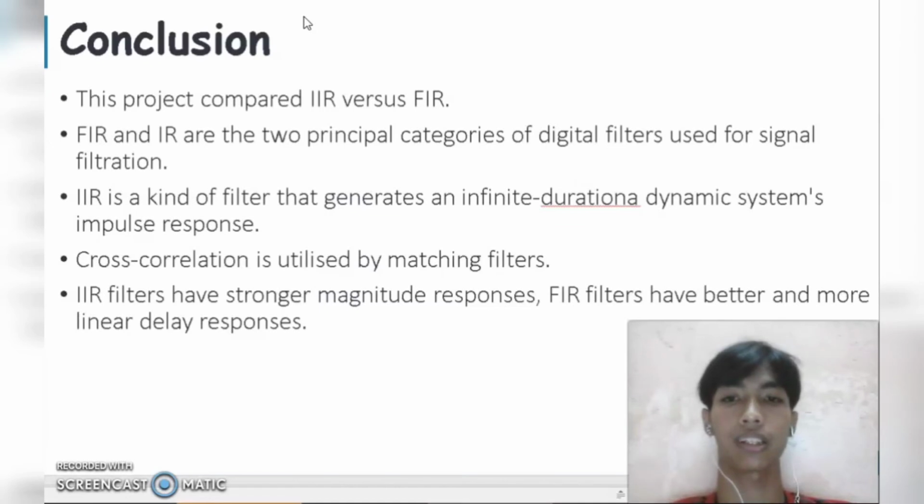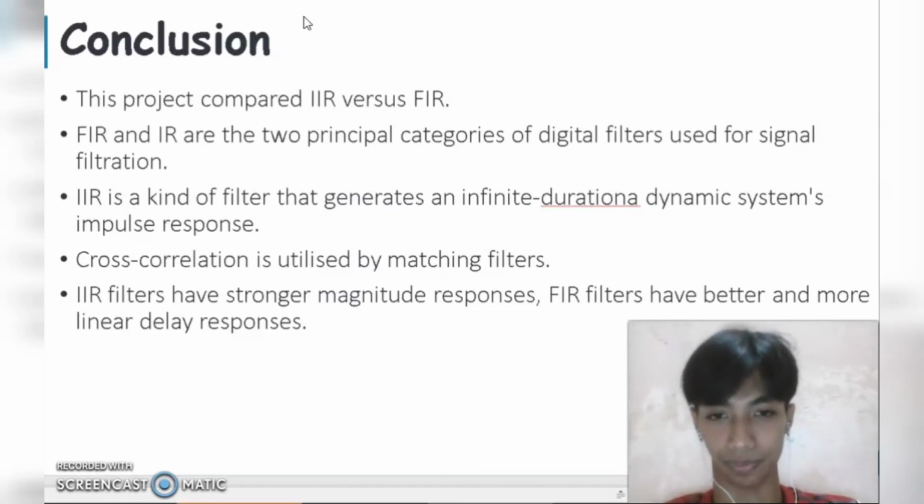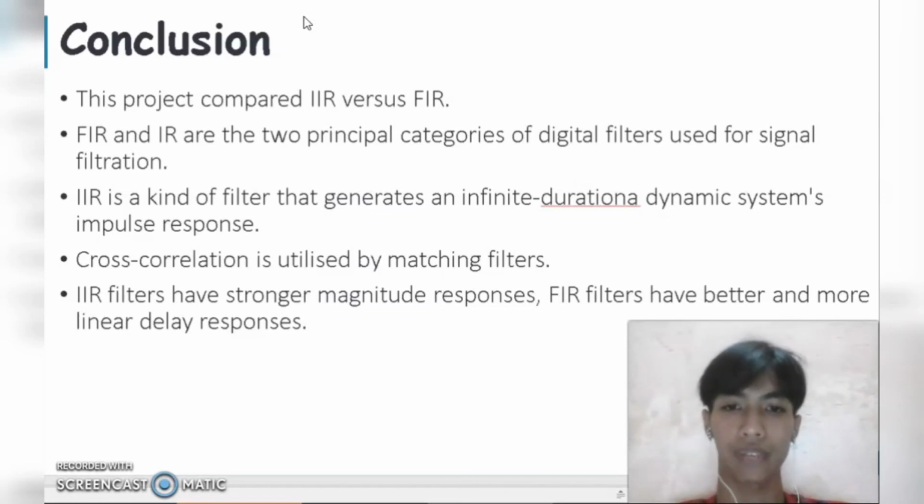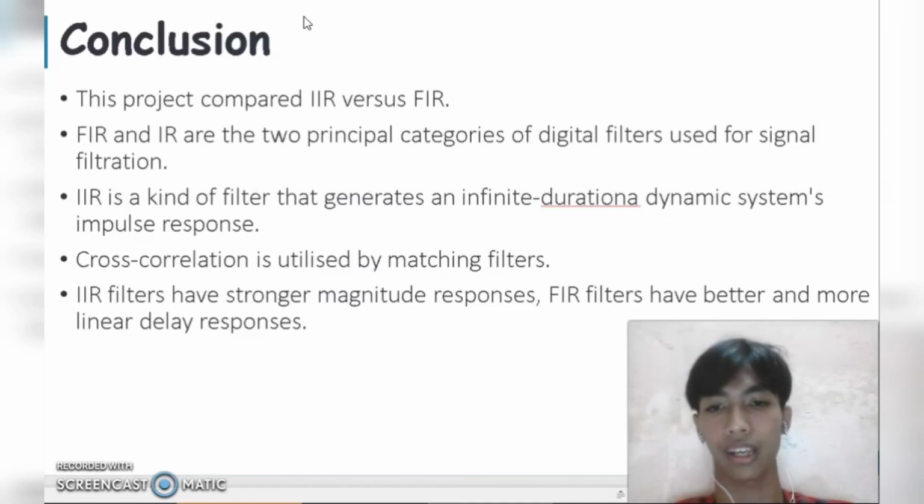FIR and IIR are the two principal categories of digital filter used for signal filtration. The main difference between FIR and IIR filters is that the former offers a finite impulse response duration, while IIR is a kind of filter that generates an infinite duration dynamic system impulse response.